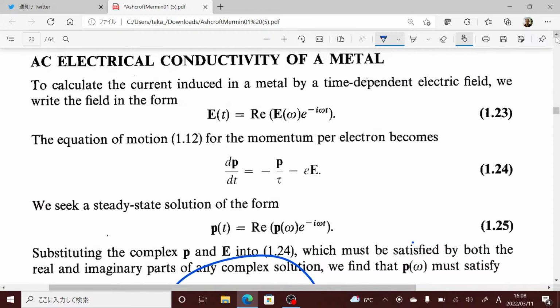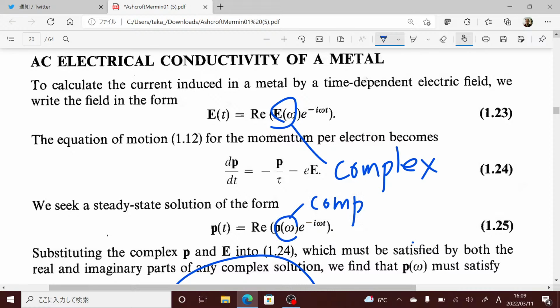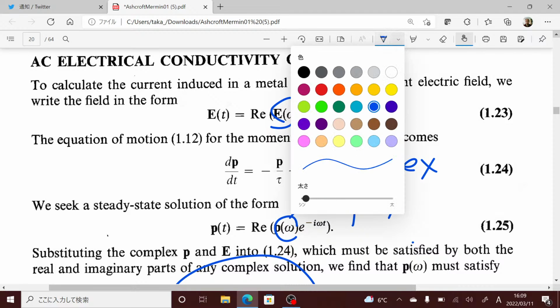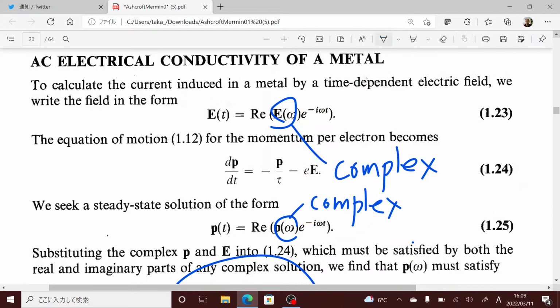So this is also complex. We write the time-dependent electric field in the form... So this is also a complex number, and this is also complex, I would say. Is that right?